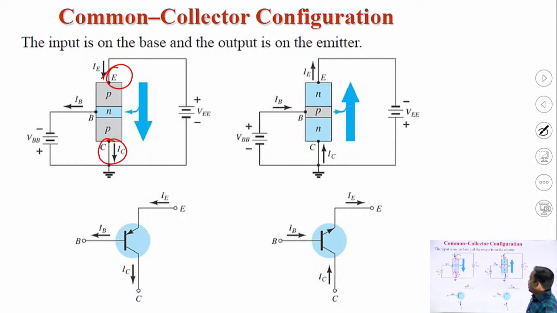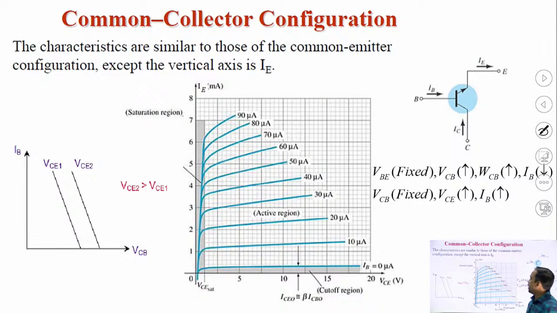So the output characteristics of the common collector configuration are very similar to those of the common emitter configuration. In the common emitter configuration we have IC as the output current, whereas here we have IE as the output current now. So we can clearly observe that the characteristics are very similar to those of a common emitter configuration.